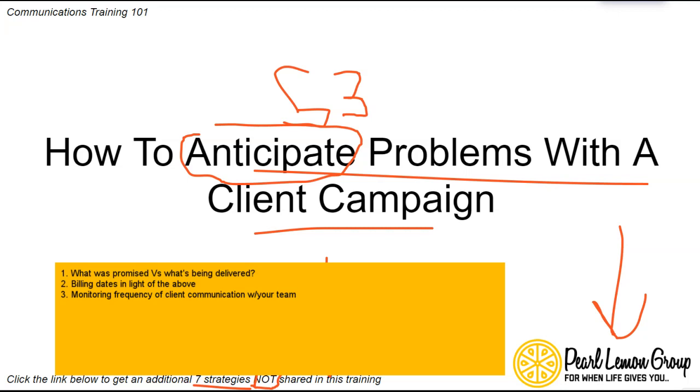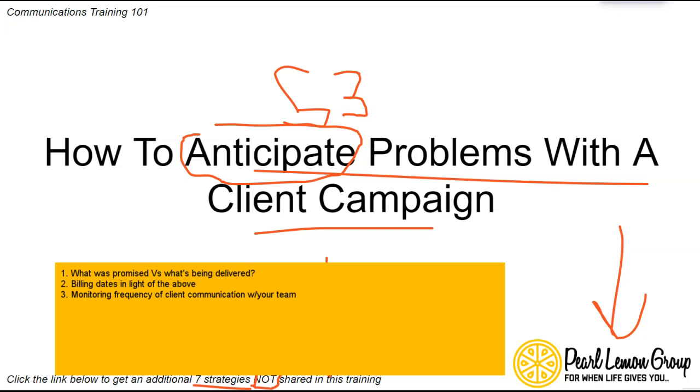Is there regular activity? Is there effort that your client can see? Where there isn't, it could potentially present a problem. For example, you onboard a client and then they pay a startup fee, and for 7 days they hear nothing from you. That's going to cause problems. That's definitely going to cause problems.